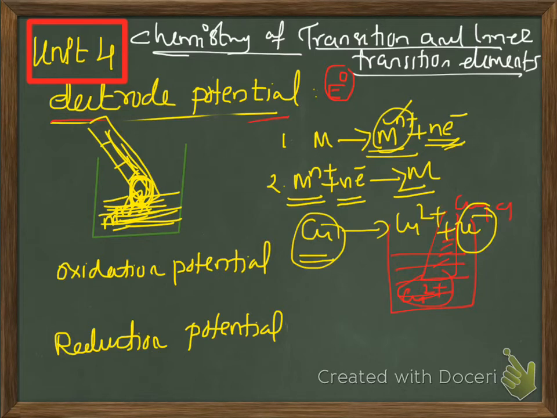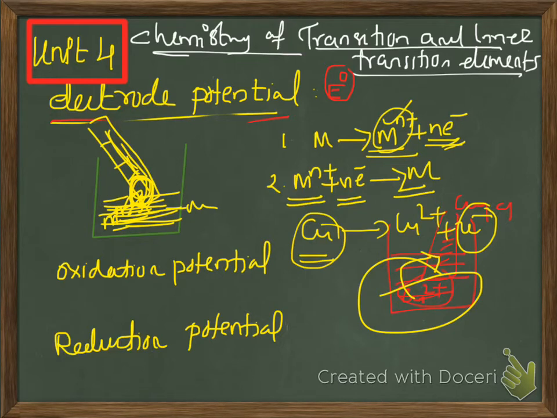When this process proceeds, the solution becomes negatively charged. For example, each copper sulfate molecule consists of Cu2+ and SO4 2-. Out of these two ions, Cu2+ alone goes to the electrode. SO4 remains in the solution, which makes the solution negatively charged.